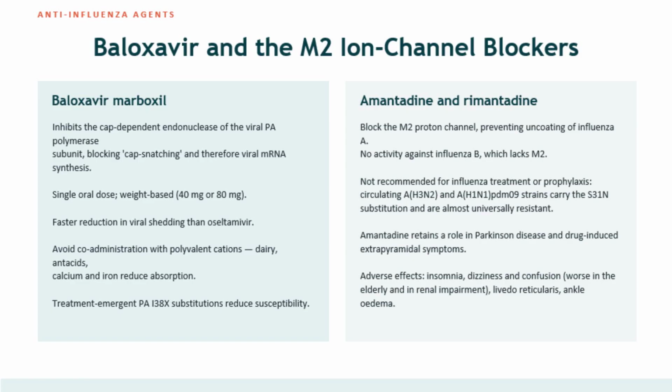Now resistance is essentially universal, and we don't use them for influenza. Amantadine survives in Parkinson's disease. That's a real world lesson in how fast a good drug can be lost.